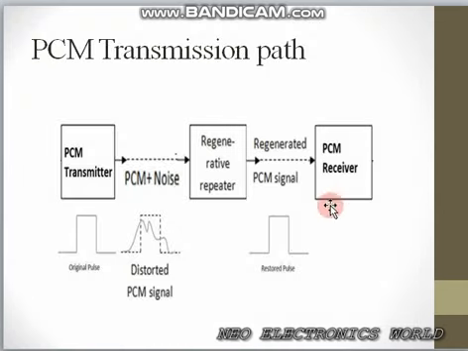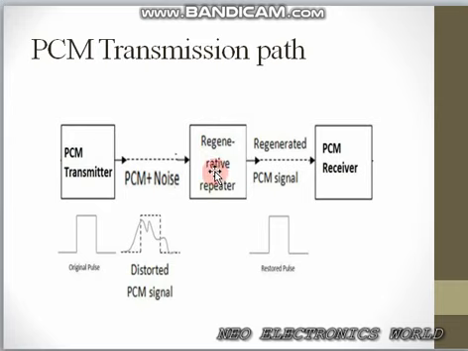Then coming to the transmission path, PCM has a transmitter, we know, and a receiver. Between the transmitter and the receiver, there will be a transmission path. While going to the receiver, the signal gets distorted. It will get noise and many problems will be there in the signal.